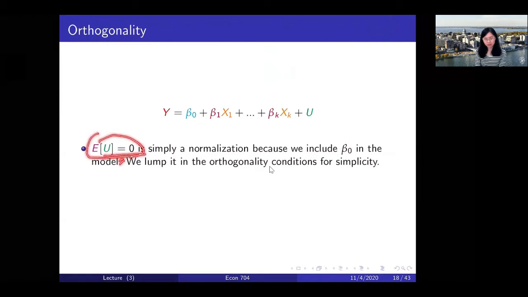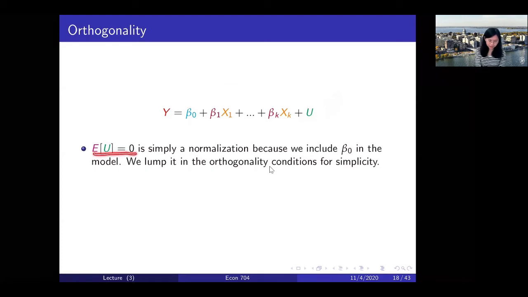This is typically viewed as a normalization because we have an intercept in this equation. So if E[u] is not 0, we can lump E[u] with the beta 0, the intercept, and create a new error term that does have expected value 0 that typically doesn't affect anything.